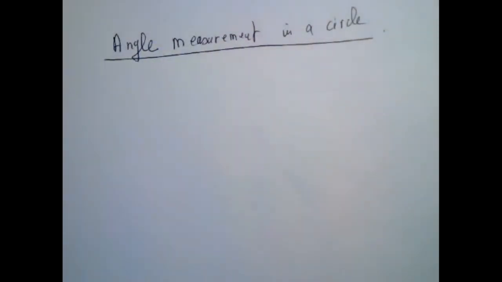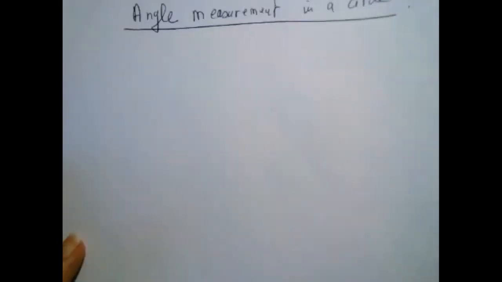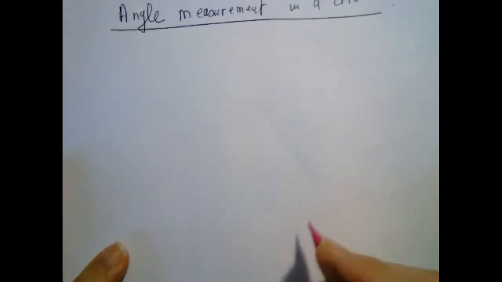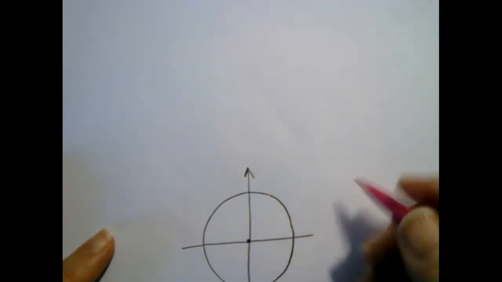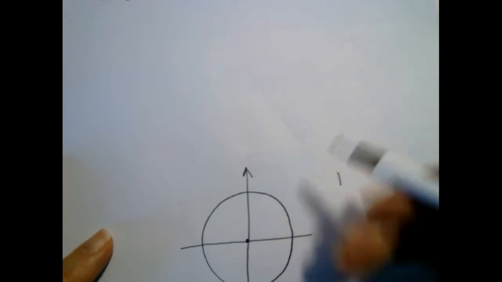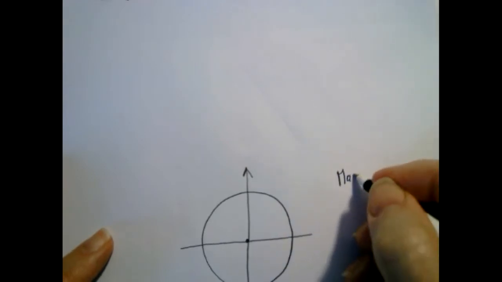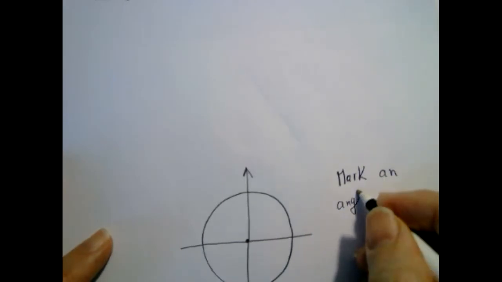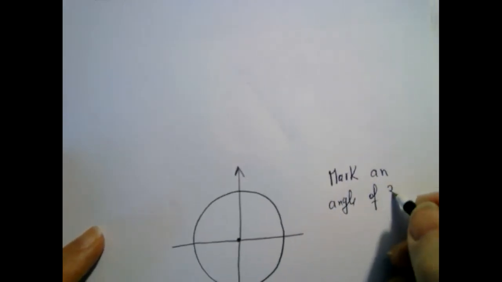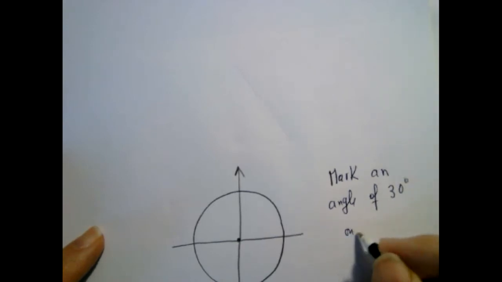Suppose I have a circle, and I'm going to draw it by hand down here. Okay, that's a circle. Let us say I tell you: mark an angle of 30 degrees on the circle given.